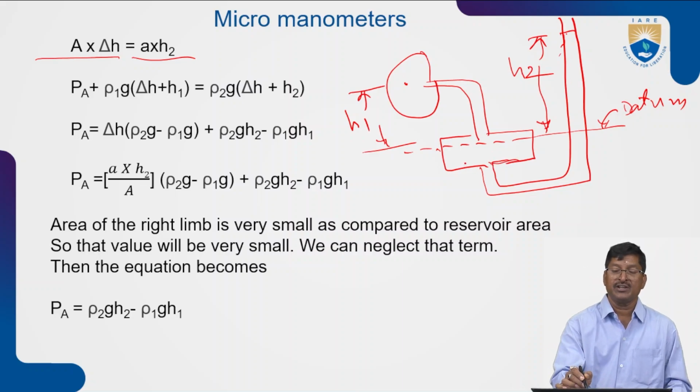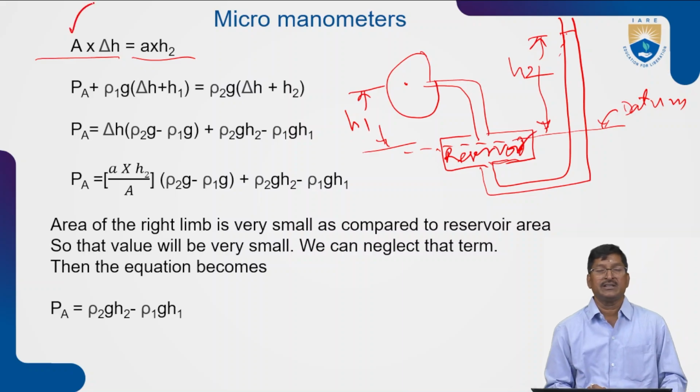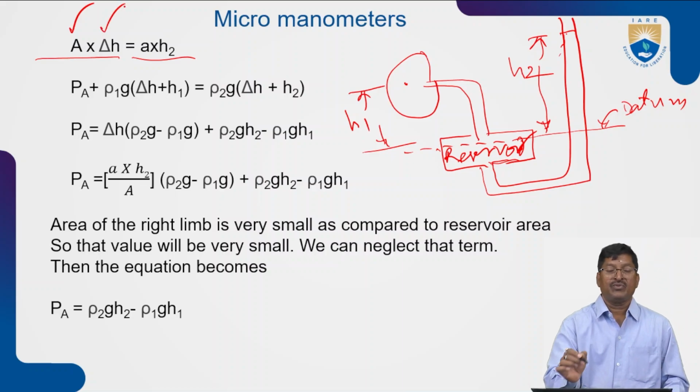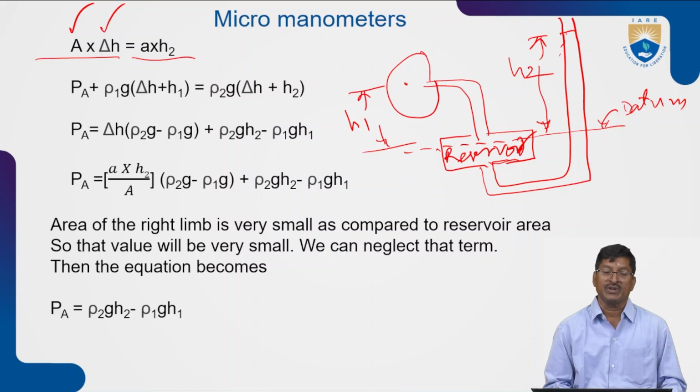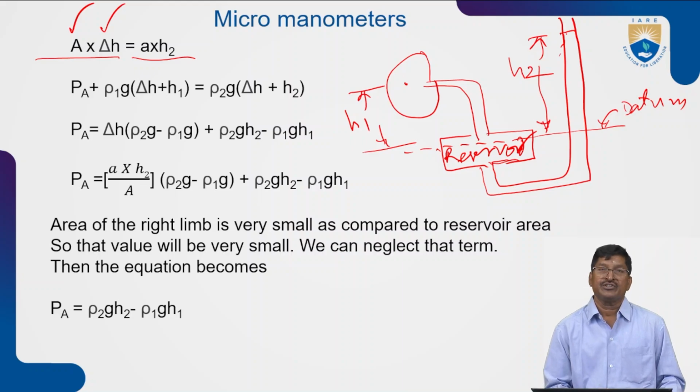So what is the area here? This is the reservoir. Capital A is the area of the reservoir, and delta H is the fall of fluid in the reservoir. So capital A into delta H gives the volume of the manometric fluid displaced in the reservoir.